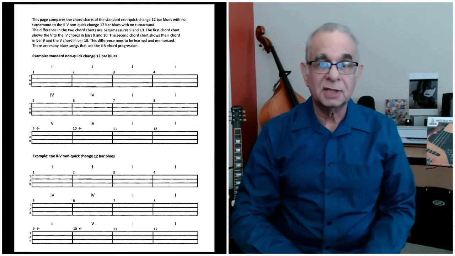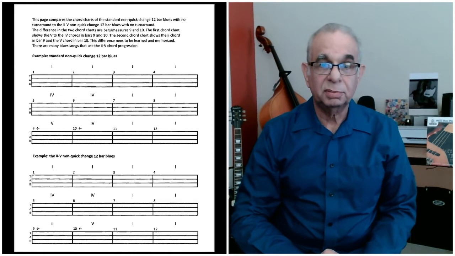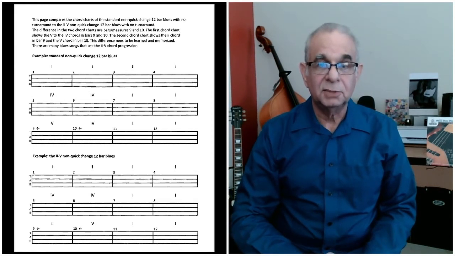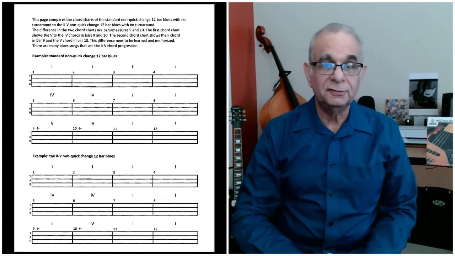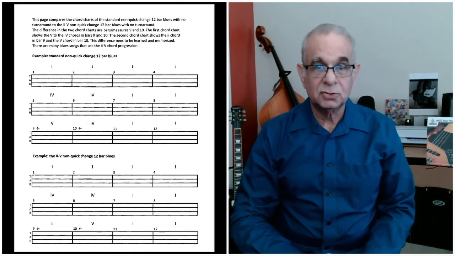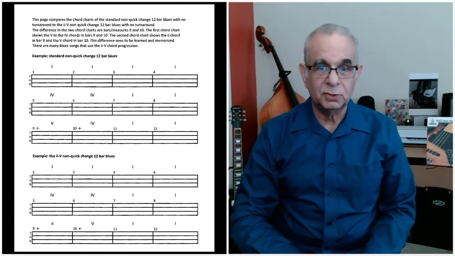In the bottom sample 12-bar blues progression, on measures 9 and 10, we first play the 2 chord in measure number 9, followed by the 5 chord in measure 10. That is the difference between a standard blues and a blues with a 2-5 progression.